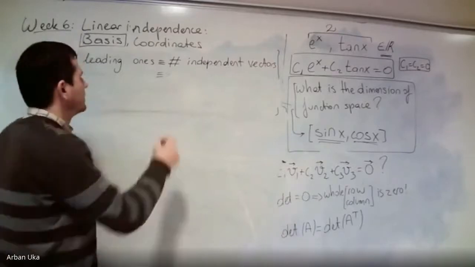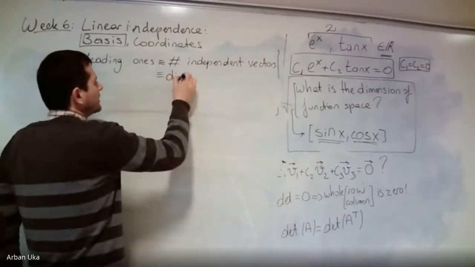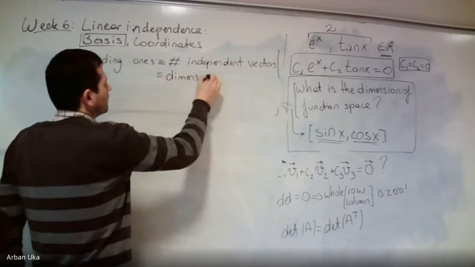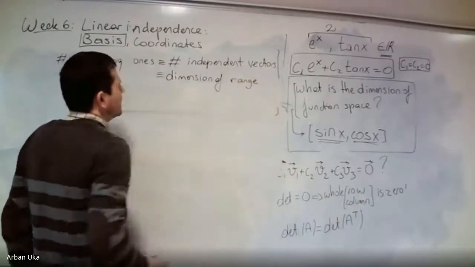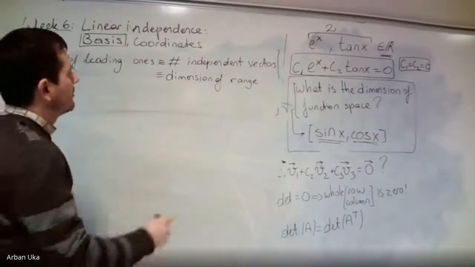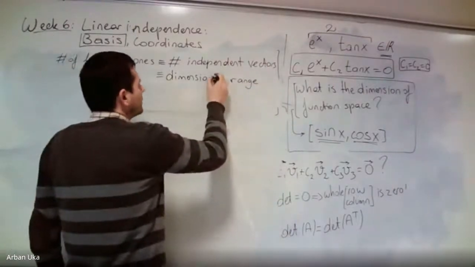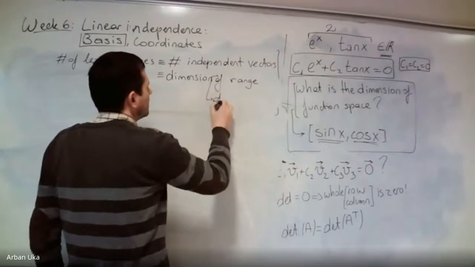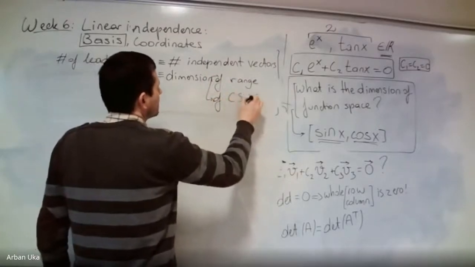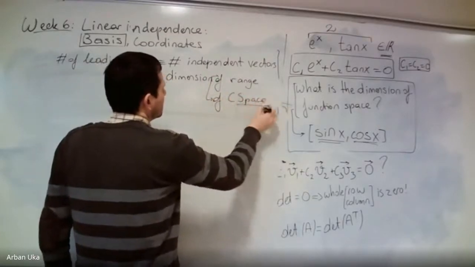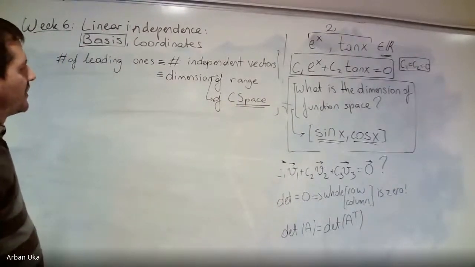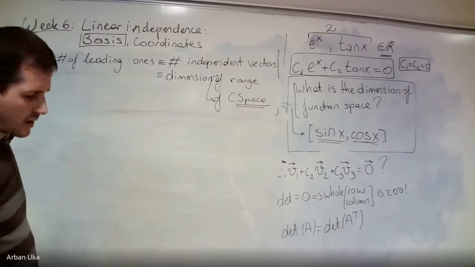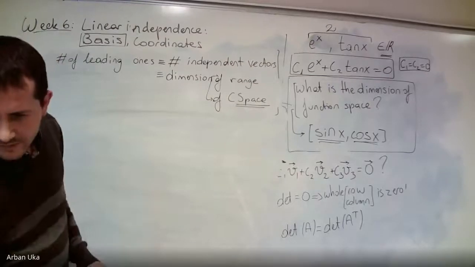We can say this is equal to the dimension of the range, and also this defines the dimension of the column space. Okay? But we're going to cover this one, I hope, in today's session.